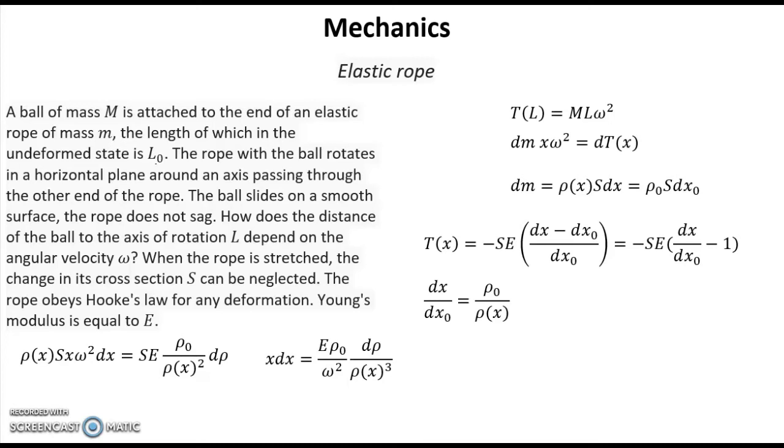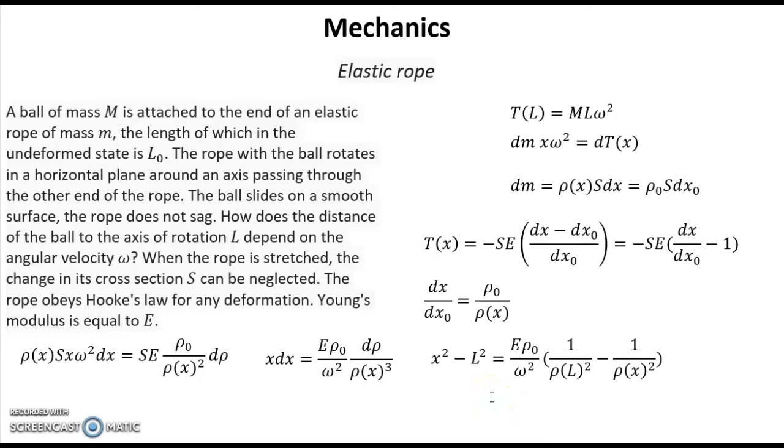We have to integrate this expression in limits from x to L, because at point L we already have this expression, so that will help us to find our boundary conditions. After integration of this formula from point x to point L, we got this expression.